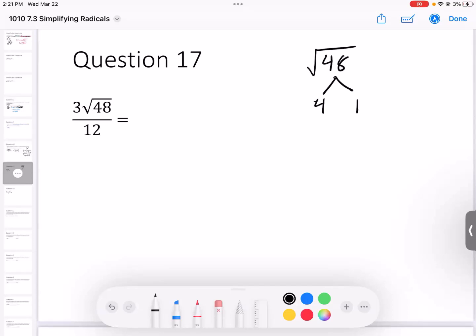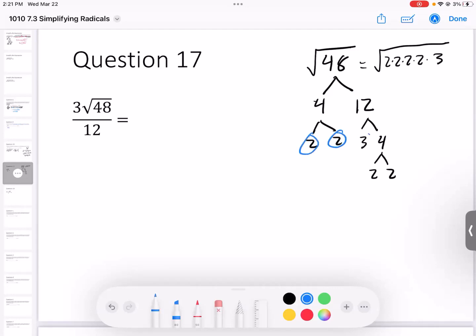So it can be 4 times 12, 4 can factor into 2 times 2, 12 can factor into 3 times 4, 4 can factor into 2 times 2. So the square root of 48 is the square root of 2 times 2 times 2 times 2 times 3, because those are all of these prime factors here.